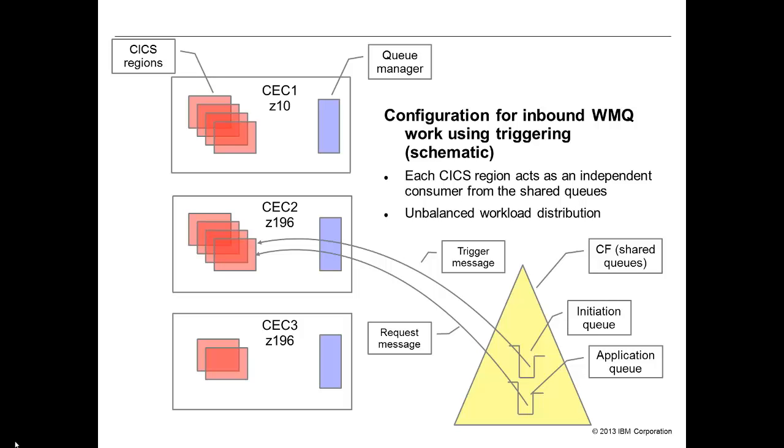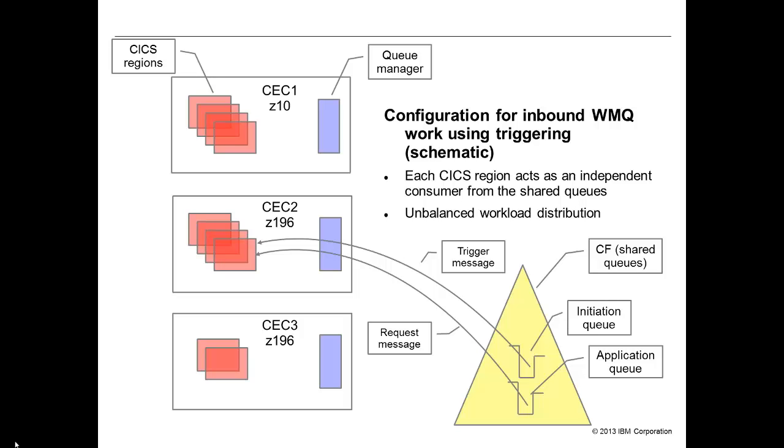We're going to talk about two different types of triggering here. The first is trigger on every, which is not as commonly used as trigger on first. Trigger on every means that for every message that's put to the application queue, an initiation message is created by MQ, and a CICS transaction is driven from that.